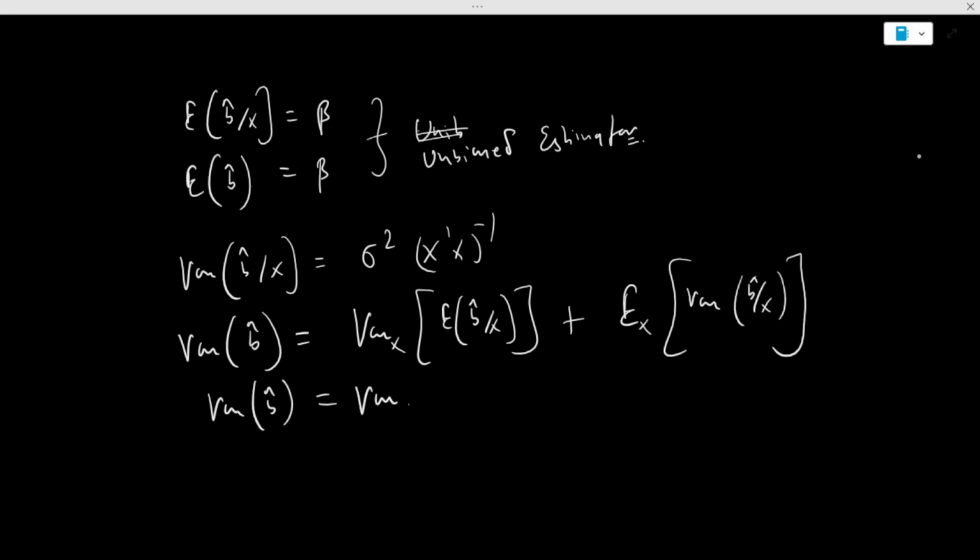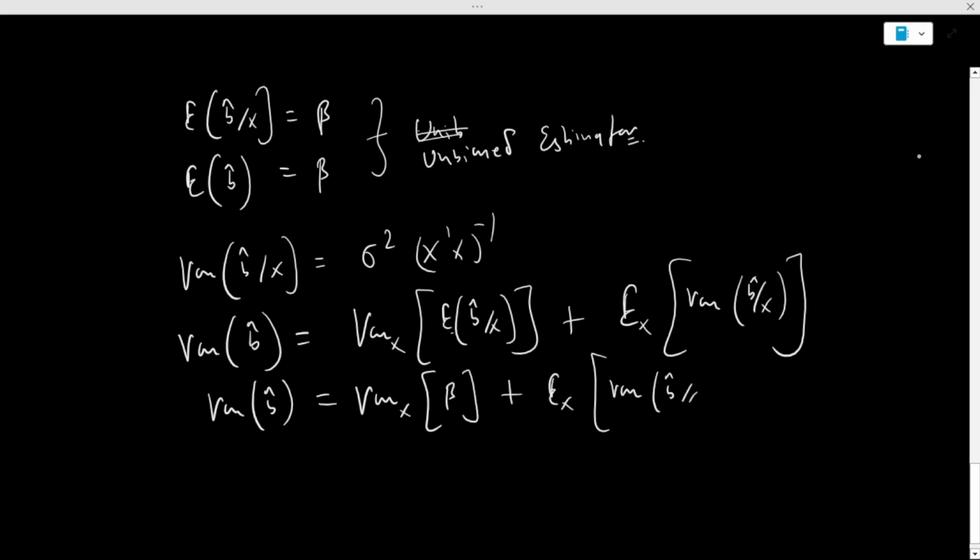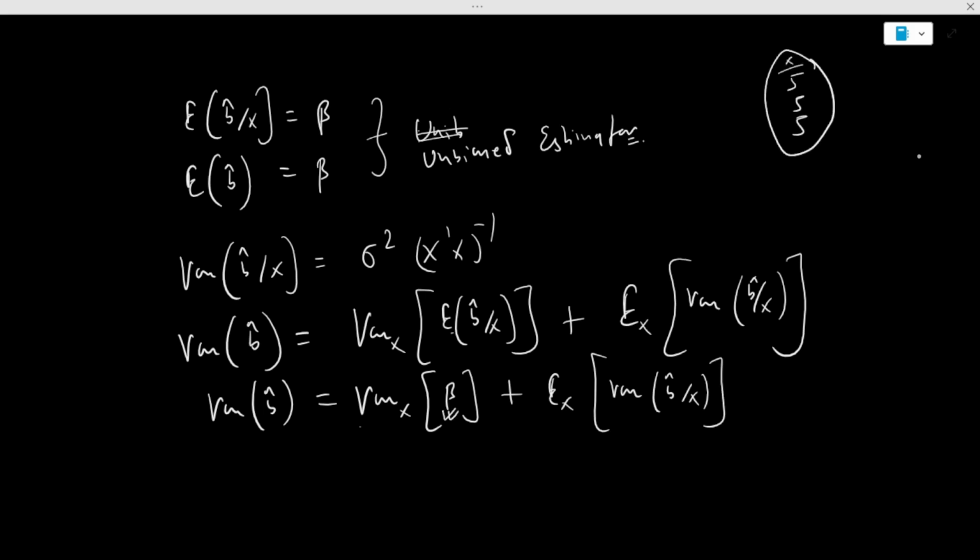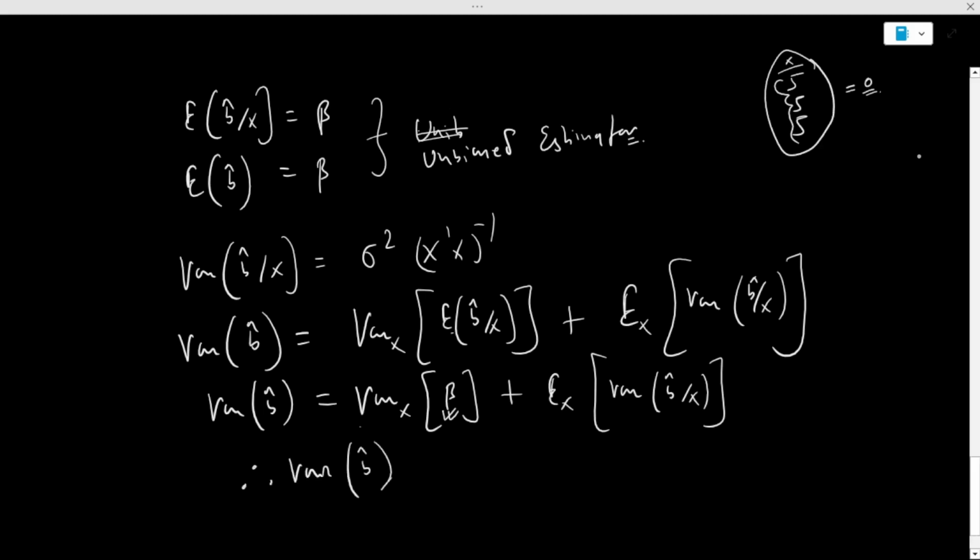So the variance across x of the conditional expectation of beta, this is equal to population beta, and since the population beta is some constant, the variance of the constant is equal to 0. There is no variation. Therefore, the unconditional variance of beta is simply equal to the expectation of the conditional variance of beta.